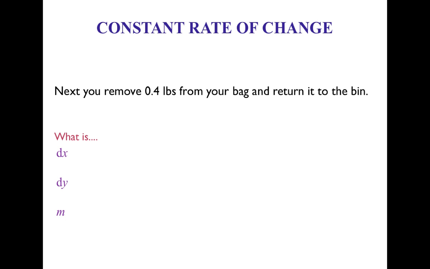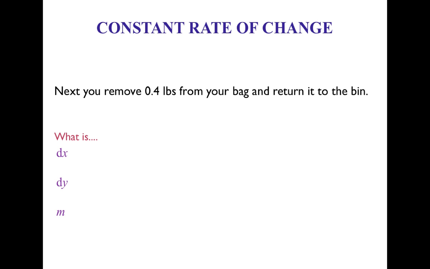Okay, let's see. Alex, what did you guys talk about? What is dx? So you're saying the value is? He says negative 0.4 pounds. Okay, so it's a decrease in the value of x, so it's going to be a negative change.